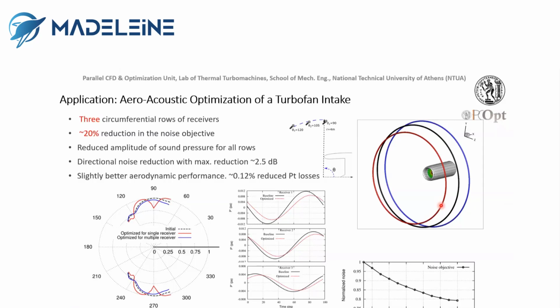Surprisingly, the optimized geometry has also better aerodynamic performance compared to the initial one. Its total pressure loss is lower by about 0.12%. I'm saying surprisingly, since we never included such an aerodynamic objective in our optimization run.